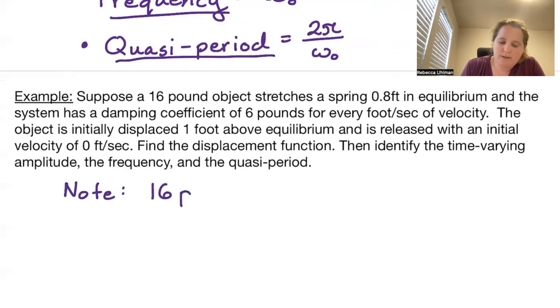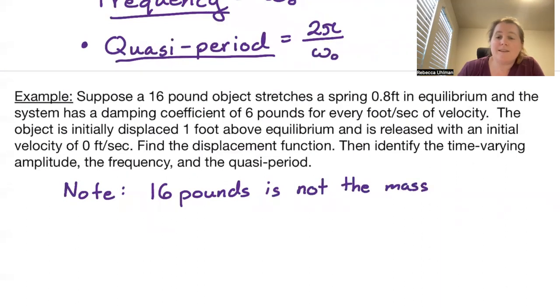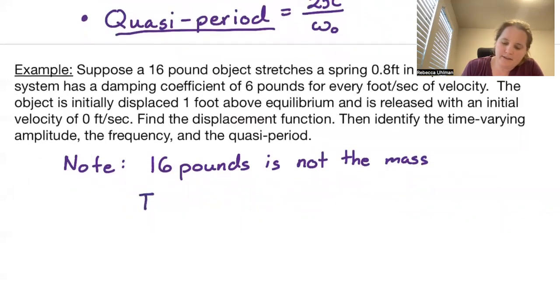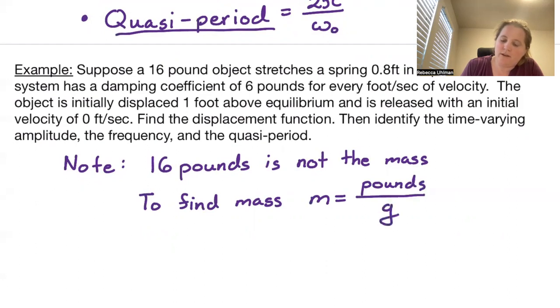So just a note, 16 pounds is not the mass. It is actually our force. So to find mass, we will do m is equal to the pounds divided by g, our acceleration due to gravity.